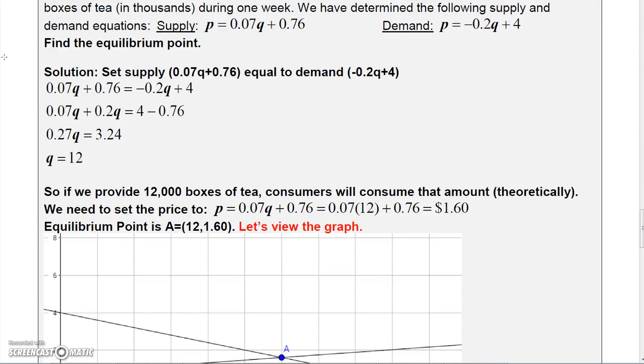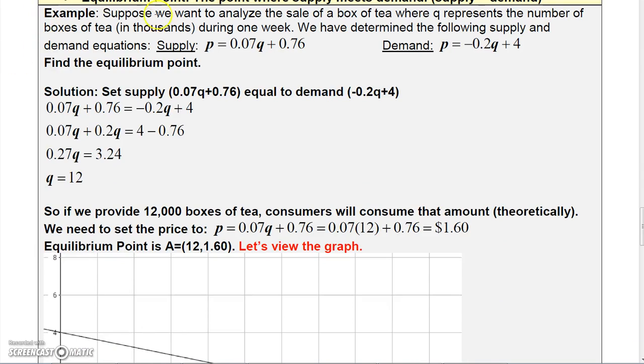So down here on this example, suppose we want to analyze the sale of a box of tea, where Q represents the number of boxes of tea in thousands during 1 week, and we have determined the supply and demand cost to be supply equals P equals 0.07 Q plus 0.76, and demand is P equals negative 0.2 Q plus 4, and we want to find the equilibrium point.